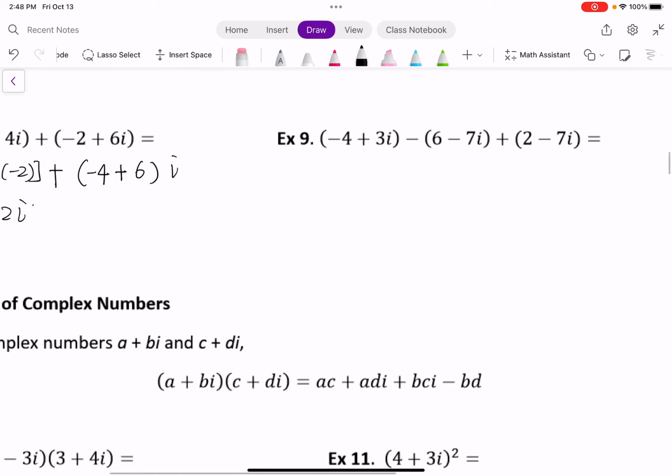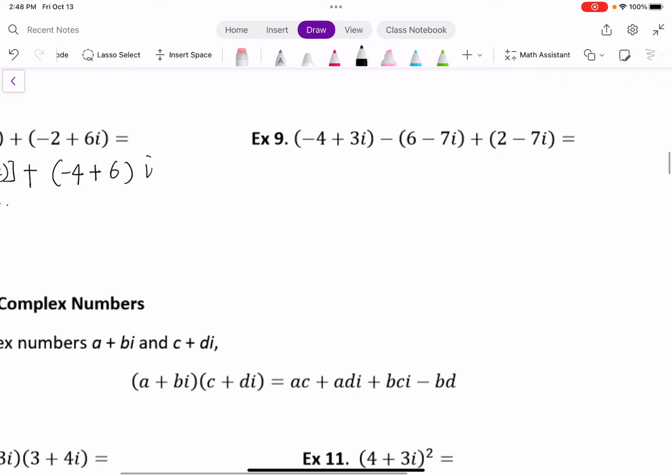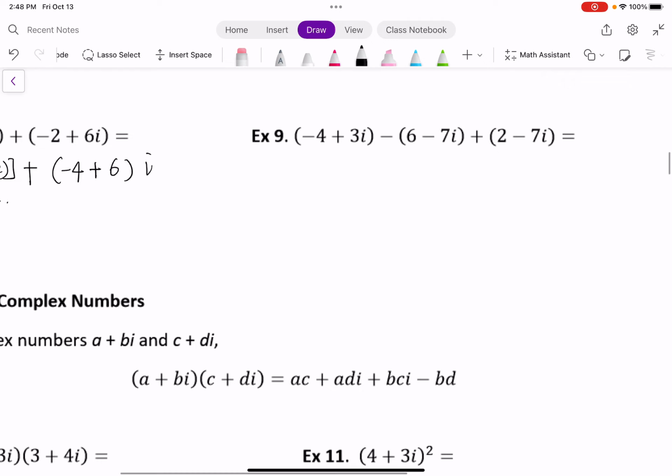The next one is the hard one. You have 3 complex numbers. So add all the real numbers together and add or subtract all the imaginary number parts together. So let's highlight the real numbers. In the first parentheses, I have negative 4 minus 6 plus 2, because this is a minus sign.